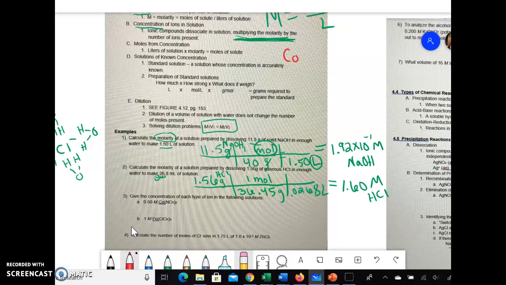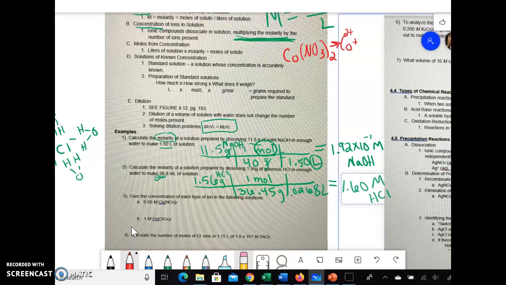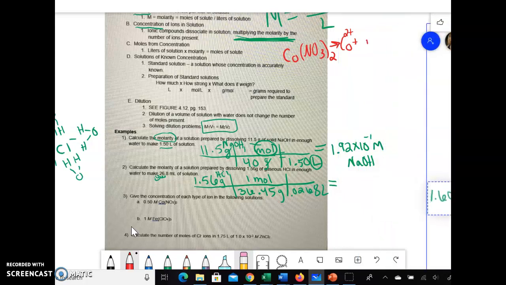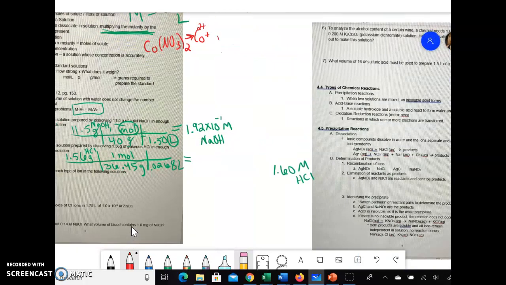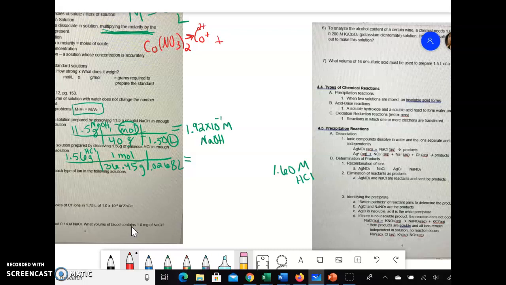let's do cobalt nitrate. This is going to dissolve into cobalt 2+ and 2 nitrate ions.